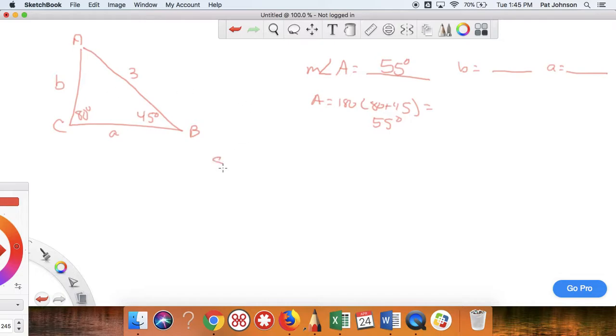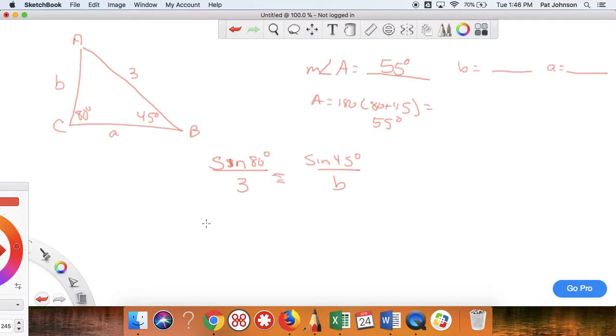So remember, we have an angle and a side across from it, so we can say sine of 80 degrees divided by 3 is equal to sine of 45 degrees over b, because these two go together and these two go together. This is our law of sines.